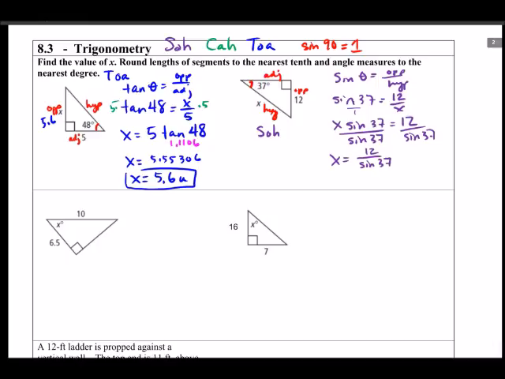And if we use our trig table, sine 37 is 0.6018.